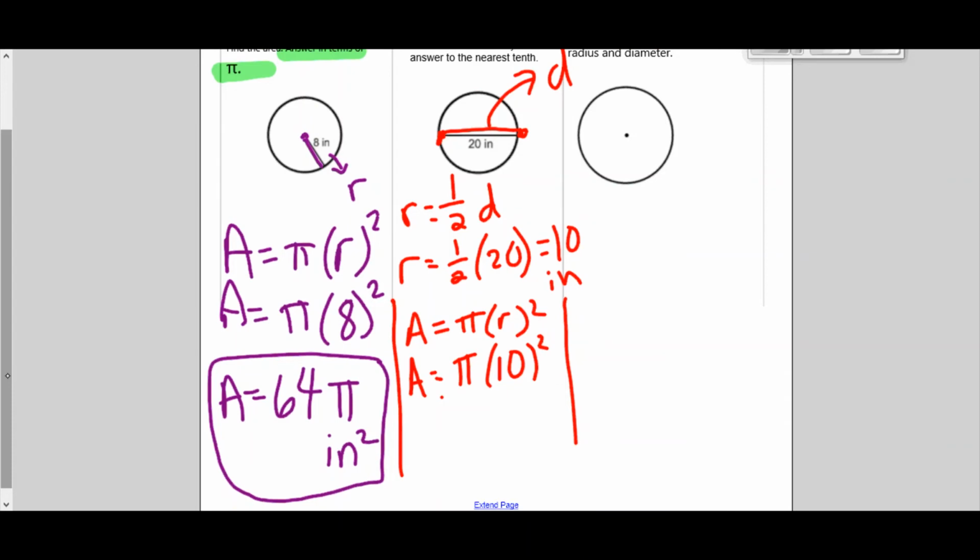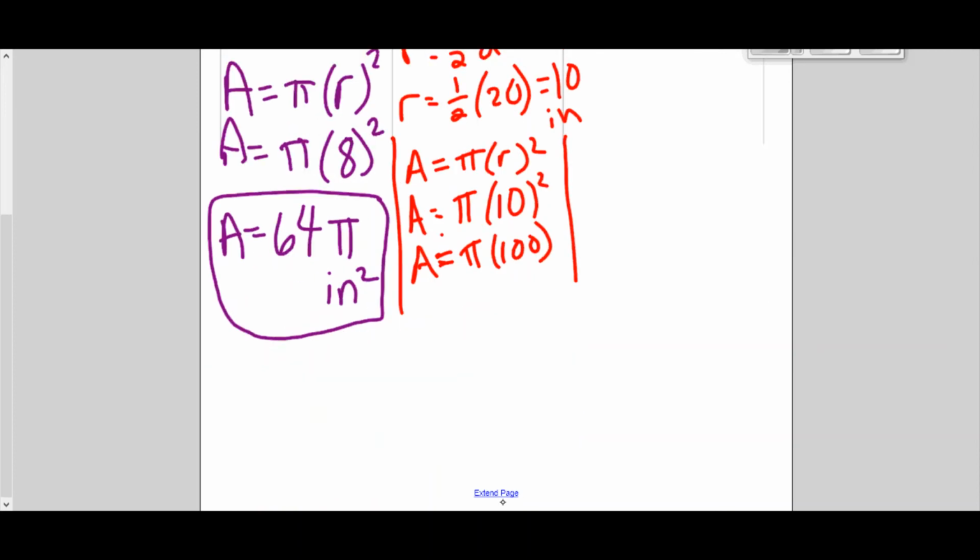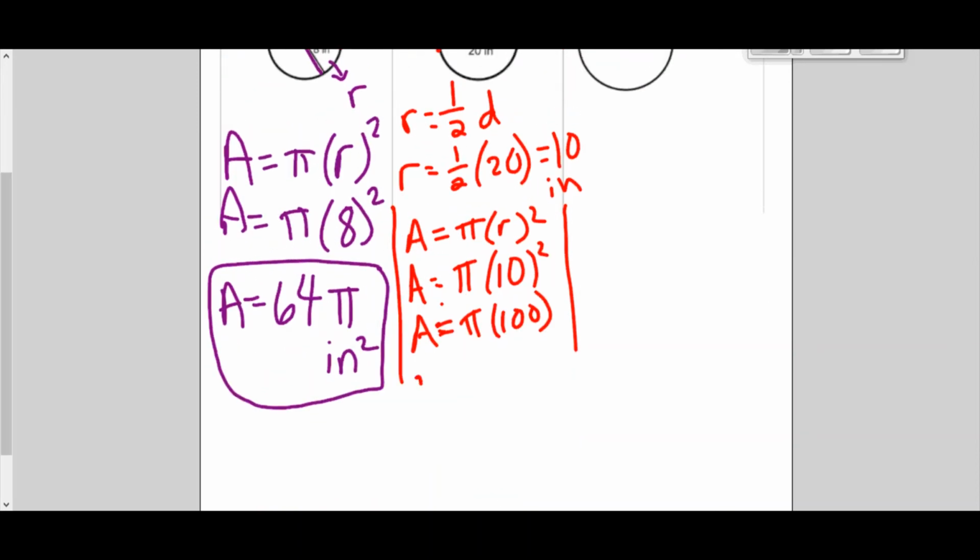So if I plug this into the calculator, instead of pi, you can type 3.14. So if you don't have the pi button, type 3.14 times 10 squared. So this would be pi times 100, which would get you 314. So the area is 314 inches squared.